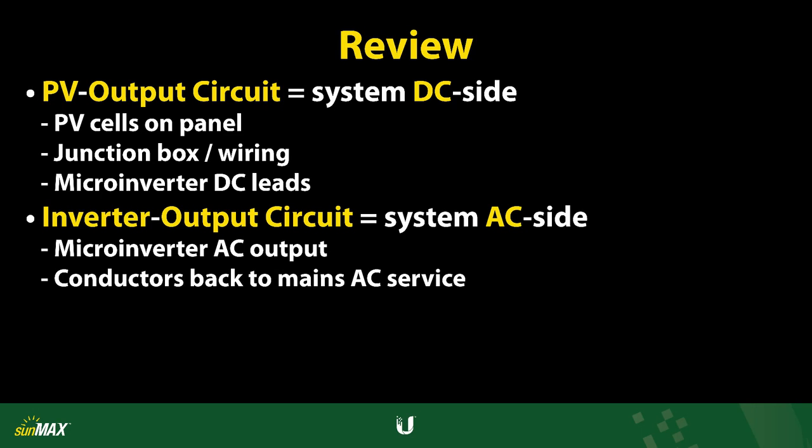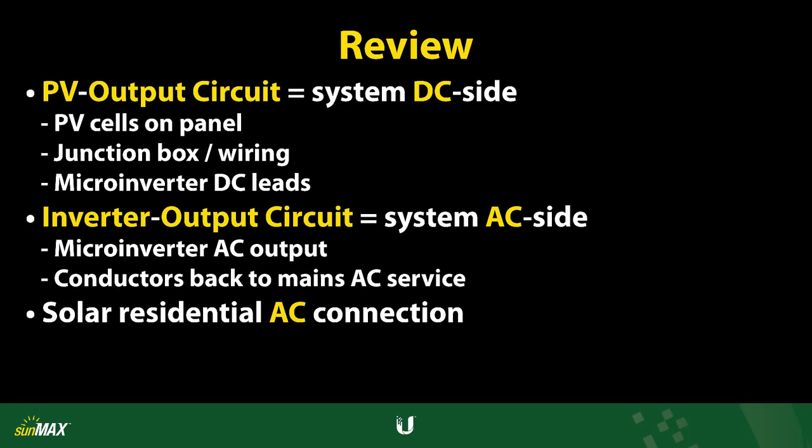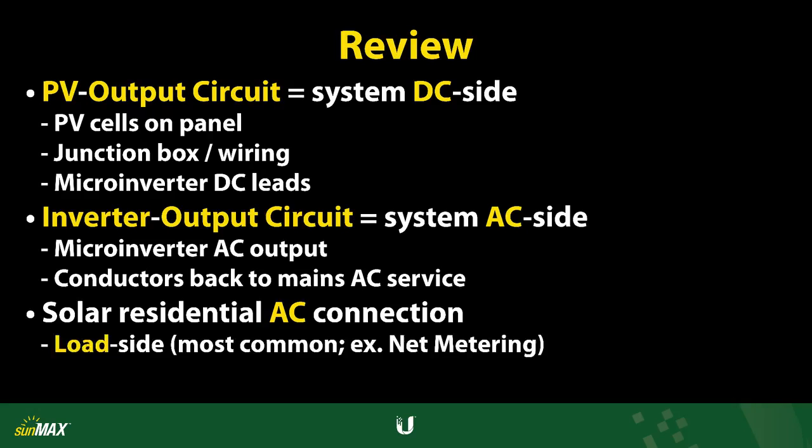For grid-connected customers, the inverter output circuit is typically connected in either of two ways, commonly as a load-side connection at the main AC service panel, like in the case of net metering, but also as a supply-side connection between the customer and utility, like in the case of feed-in tariffs.